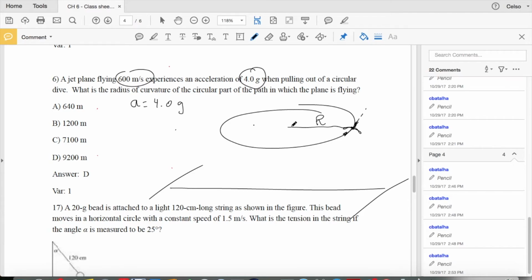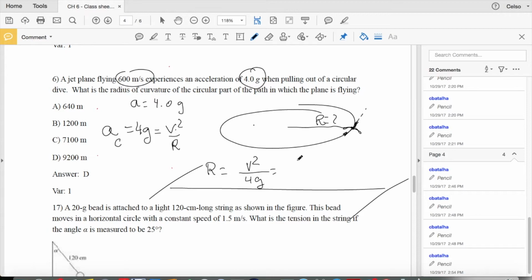What is the radius? We want to find the radius. This is our unknown. Our acceleration, in this case centripetal, is 4g, and this centripetal acceleration is v squared over r, and we want to find r. Now the speed is given, right? So then our r shall be v squared divided by 4 times g, and then we have to calculate this.